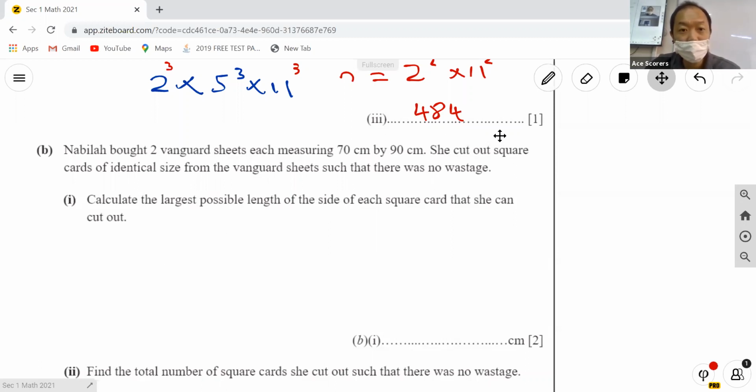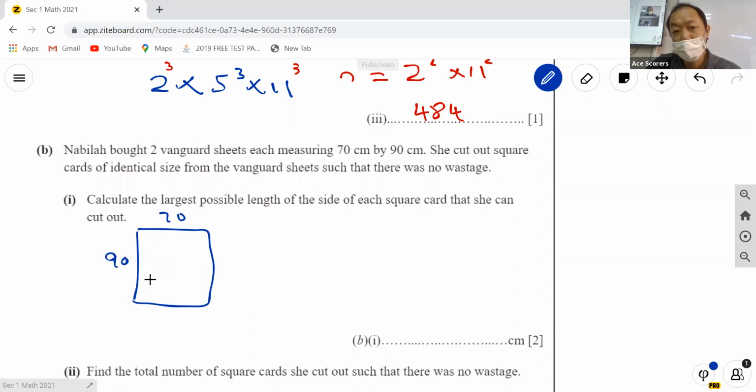Okay, so the largest, you see, this Vanguard sheet is just a piece of paper. 70 by 90 means that it is a rectangle. So here 70, here 90. So the largest possible length would be 70 by 70.